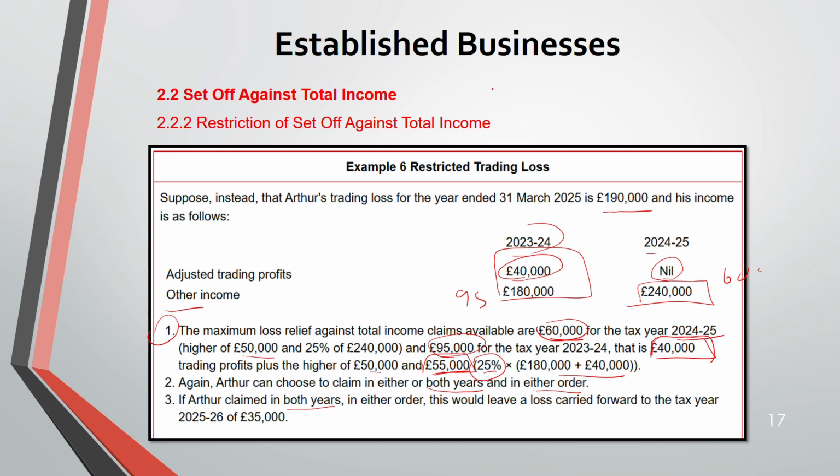How much is he claiming? 60 and 95. He is still left with some. So from 190, deduct 60 and 95. He's still left with 35. So this 35,000 is carried forward.